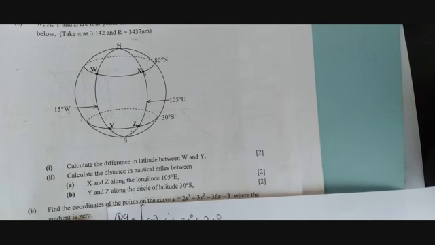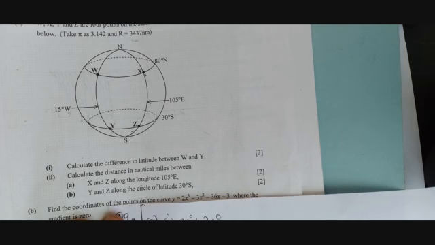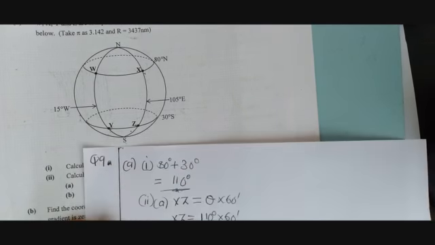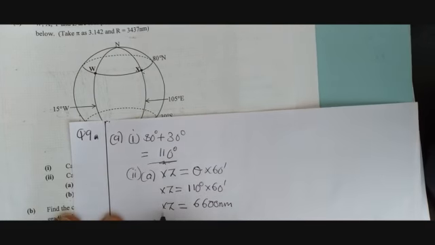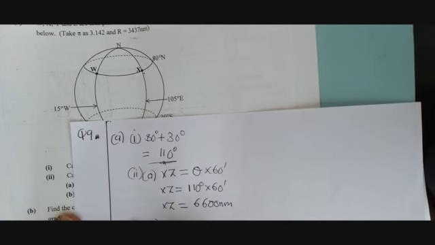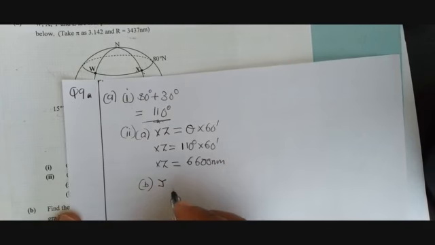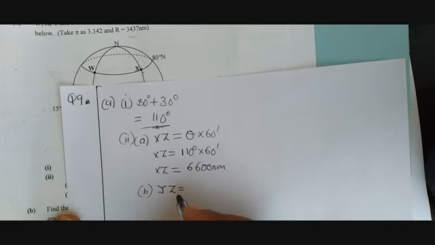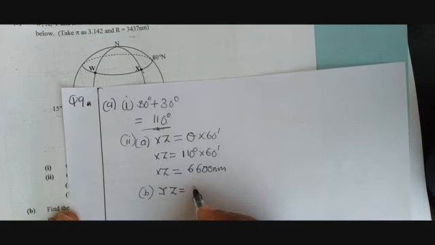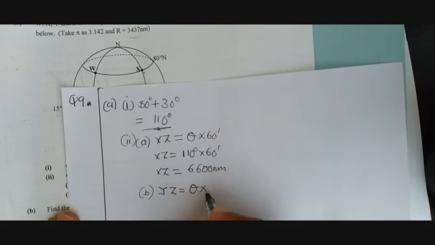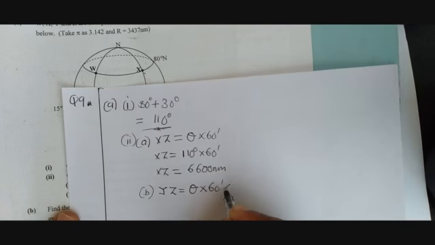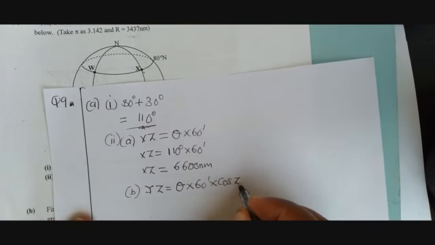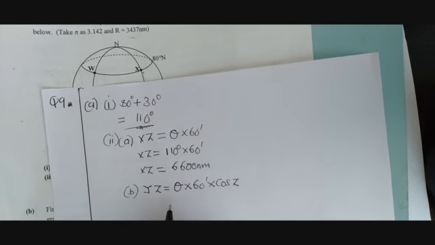Then we look at B, under part 2 of A. The distance between Y and Z along the parallel of latitude 30 degrees. So we'll say this is along a parallel of latitude, so theta times 60 minutes times cos x. You can use any other formula, then substitute.